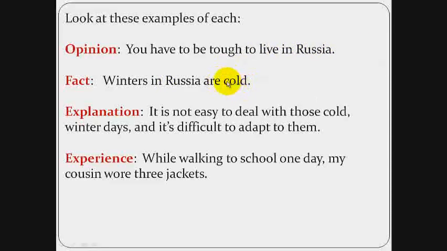So the weak people cannot live in Russia at that time. So the tough people can live well in Russia in winters. So this fact statement supports your opinion statement, which is the topic sentence.